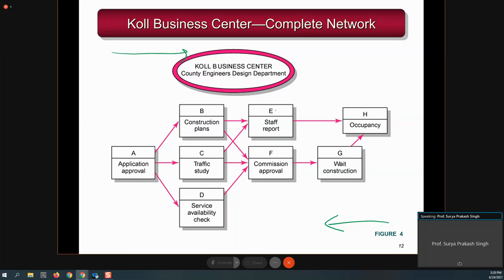And when we come from the last to the first, H to A, we call it backward pass, and we come to know some other time. These two times are important to know the critical or non-critical activity. So let us see how it can be done.